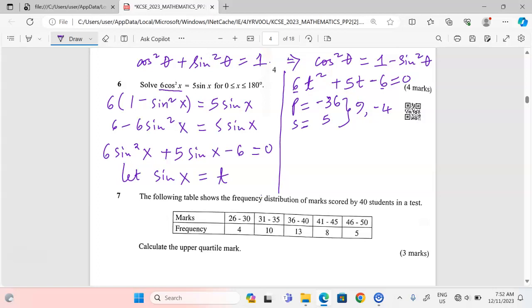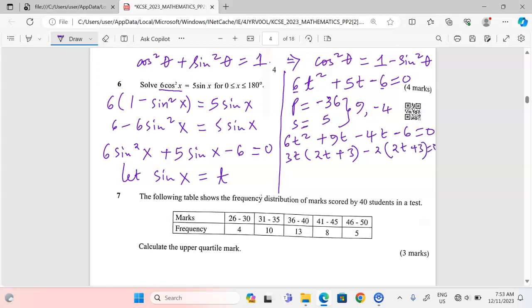Therefore, when we solve by factorization, we have 6t squared plus 9t minus 4t minus 6 equals 0. We can have 3t factored out in the first two terms to remain with 2t plus 3, minus 2 in the last two, and we remain with 2t plus 3.